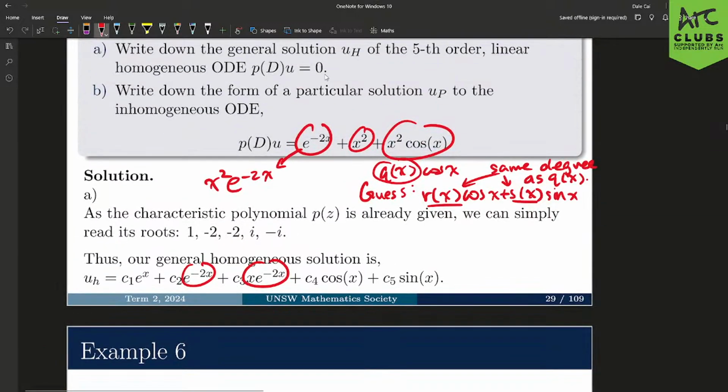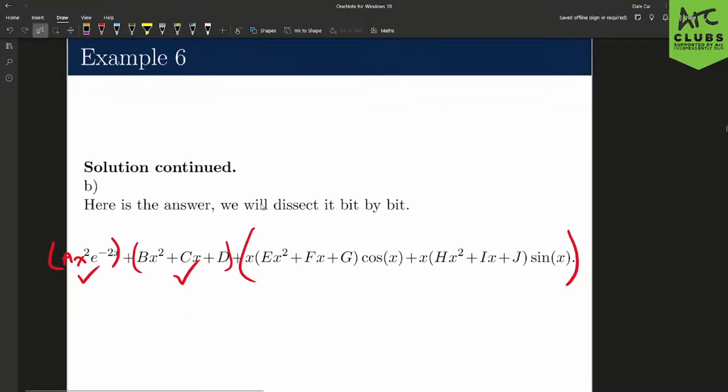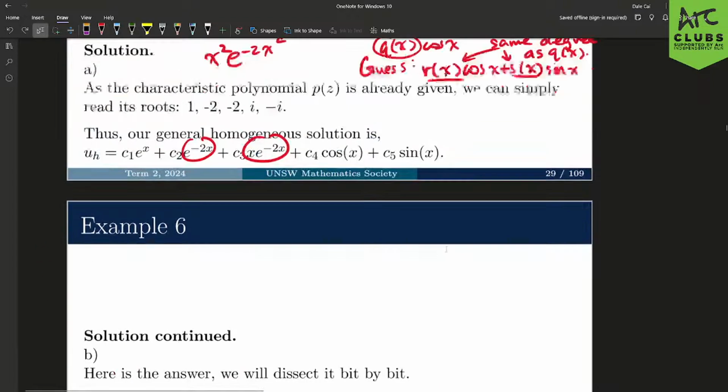Yeah, so in this case, since this is a degree 2 thing in front of a cos, I have a quadratic in front of cos and a quadratic in front of sine. Okay, and then what's up with this x here?